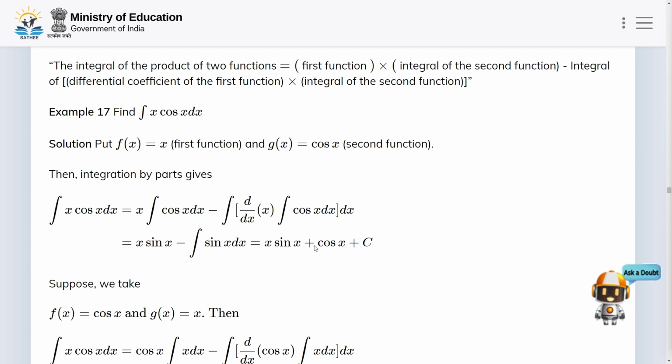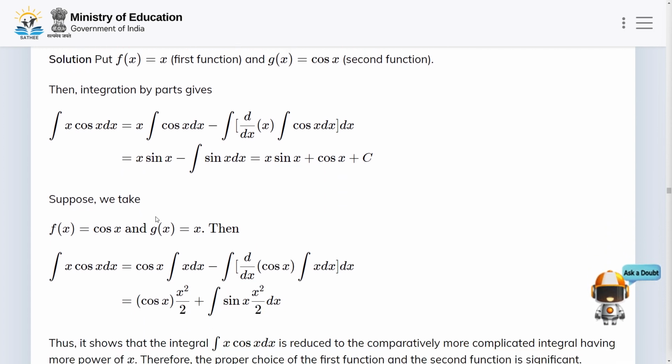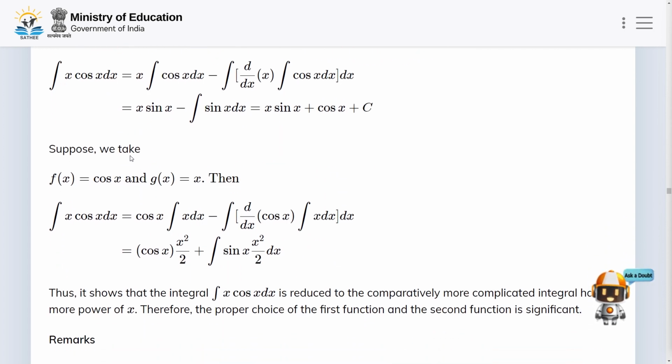And now suppose we take f(x) equal to cos x and g(x) equal to x, then what will happen? As you can see, the first function is cos x. Now cos x times the integration of x dx minus the differentiation of the first function, which is cos x, times the integration of the second function, which is x dx.